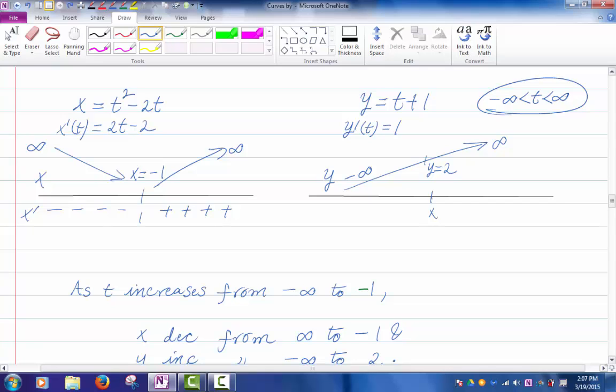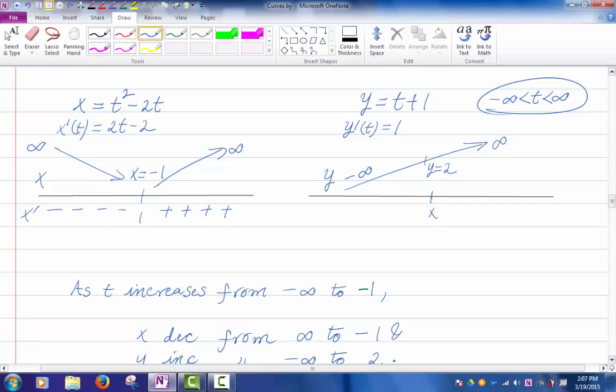How is the x coordinate increasing and decreasing, and how is the y coordinate increasing and decreasing as a function of time t? Now notice these are very simple functions. x is t squared minus 2t.